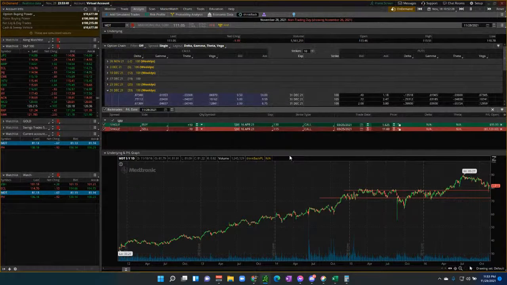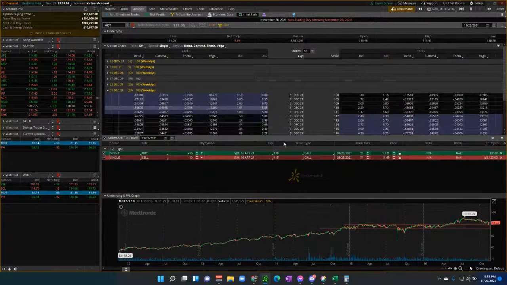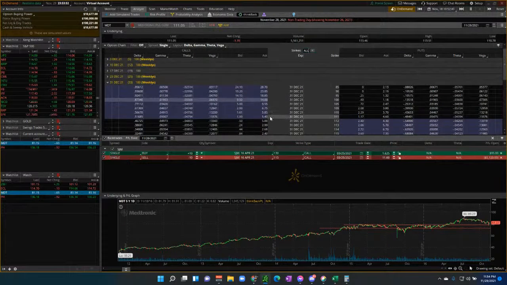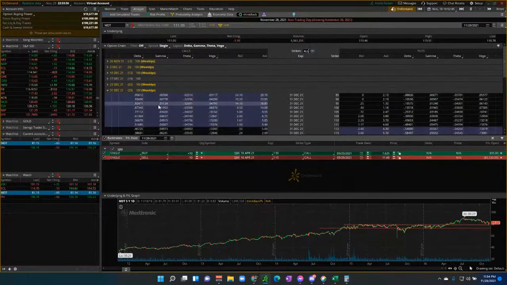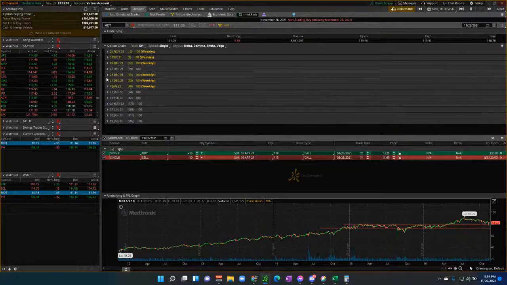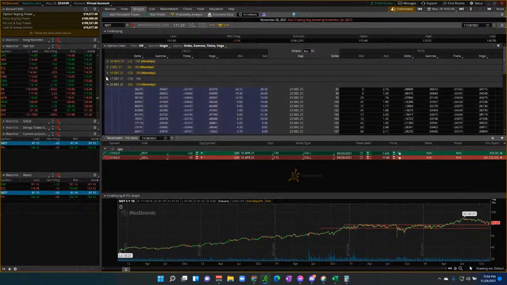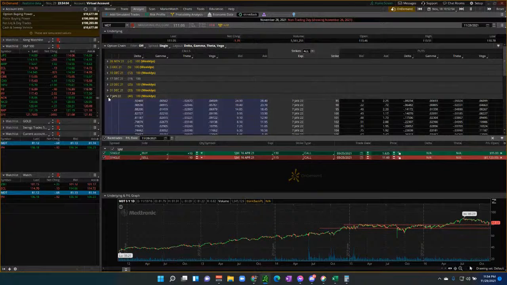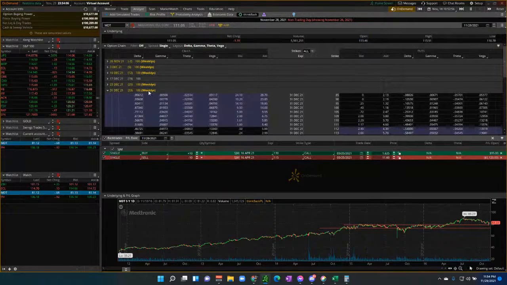So we'll go 30 days, just for the heck of it. 30 days and all the strikes, right? They don't have the 85. Oh, they don't have anything lower than 85. Okay.